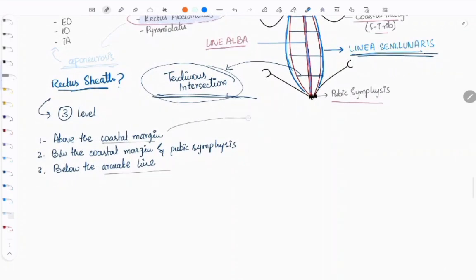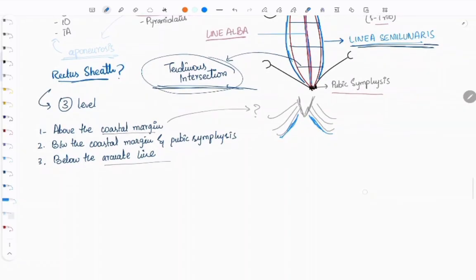So, what is costal margin? As you can see here, it is our thoracic cage. Sorry for drawing it so badly, but just for reference, consider this is our thoracic cage. This is the lower border.